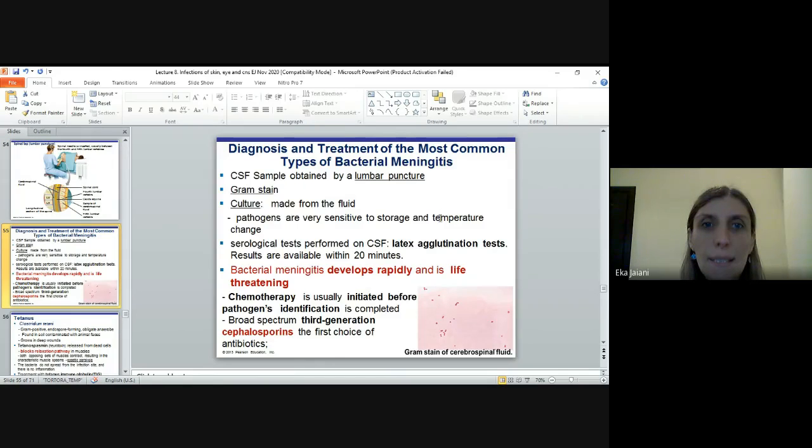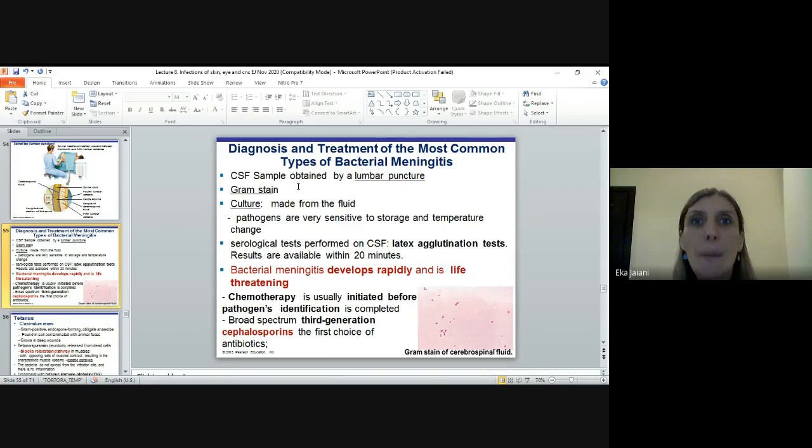And so in case of bacterial meningitis, when the cerebrospinal fluid is obtained, the sample can be stained using gram stain, and one may see if it is Neisseria meningitidis.